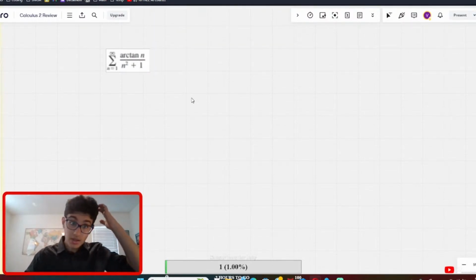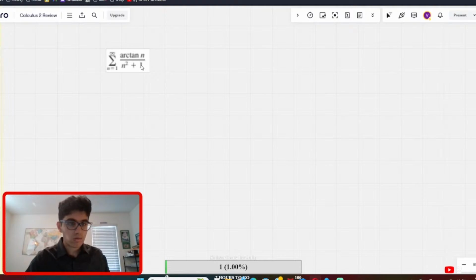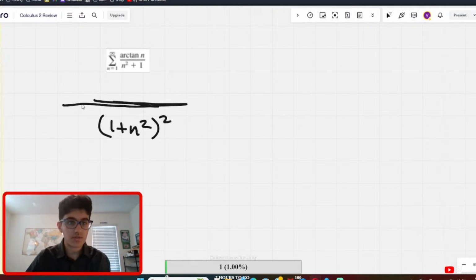Obviously here, is it decreasing? I guess it is decreasing because n squared plus 1 keeps on increasing. We need it to be decreasing, right? So we can take the derivative of arctan n over 1 plus n squared; the bottom will become (1 plus n squared) squared. We know it has to be continuous because the numerator is continuous and the denominator is continuous.